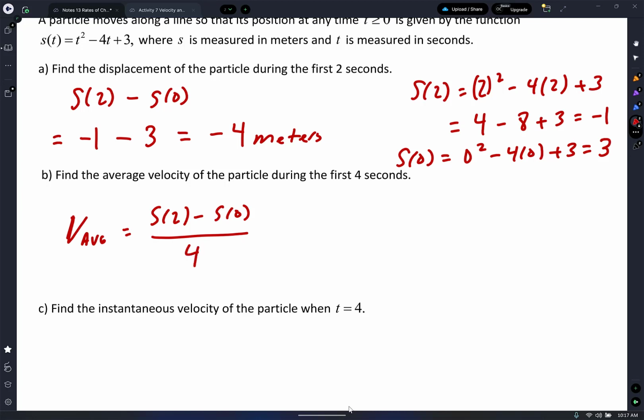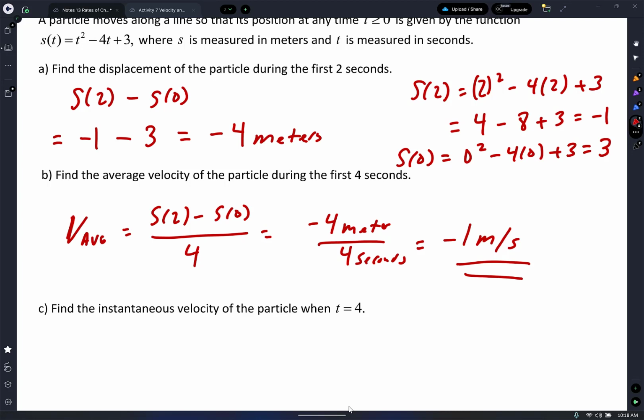So that's a change in time. So negative 4 meters divided by 4 seconds, and you get negative 1 meter per second. Nothing crazy. That's just the average.